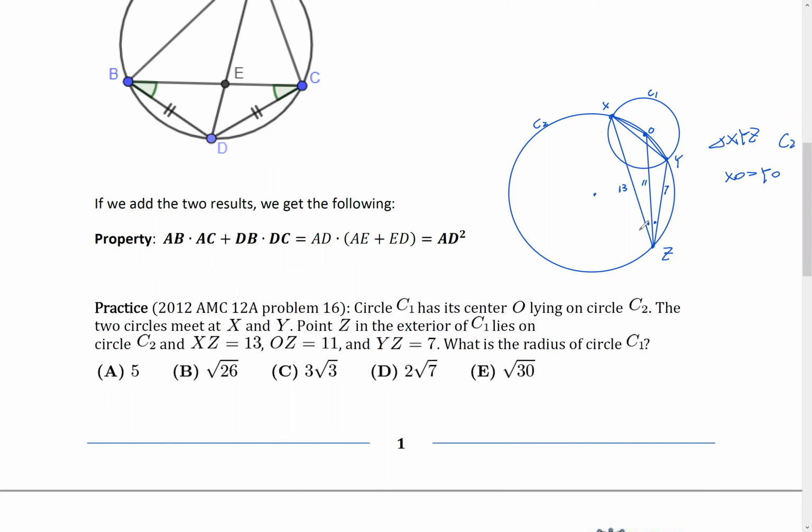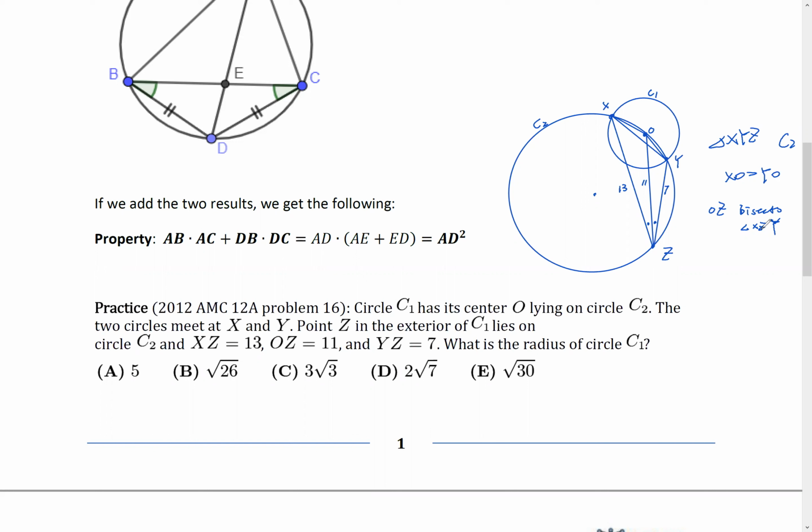So OZ bisects angle XZY. It's a very skinny looking triangle, but regardless, that's an angle bisector.